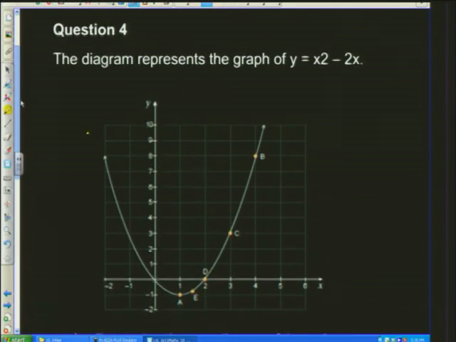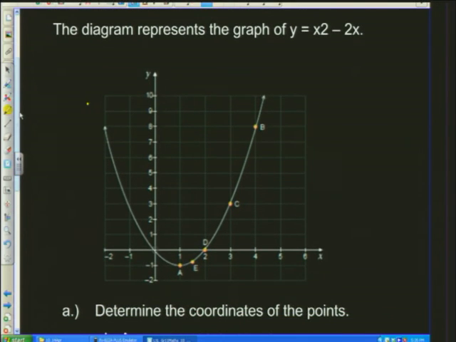Okay. So the diagram represents the graph of y equals x squared minus 2x.